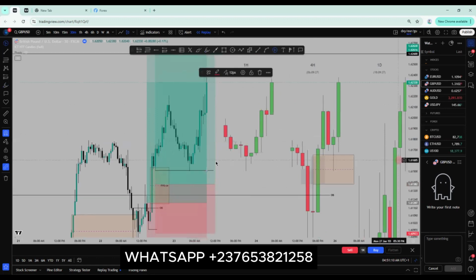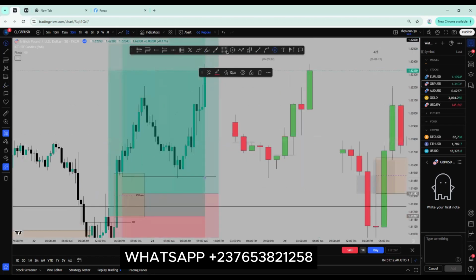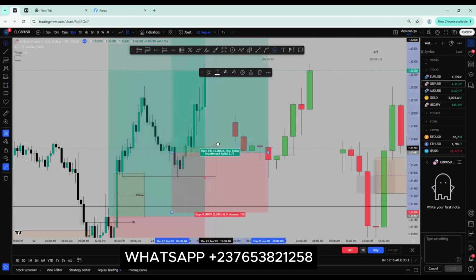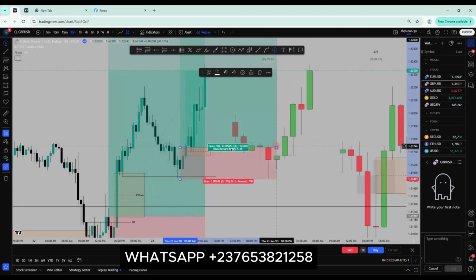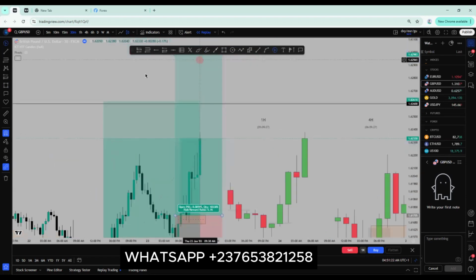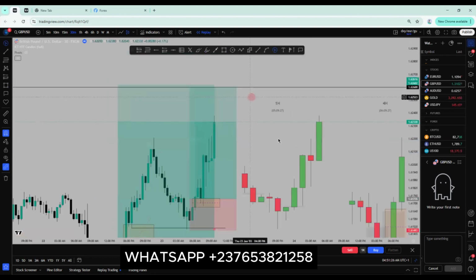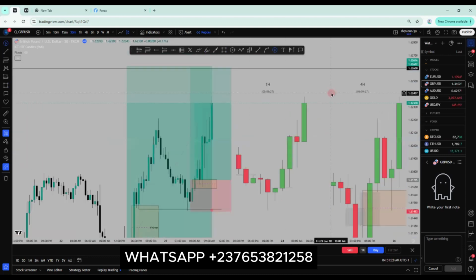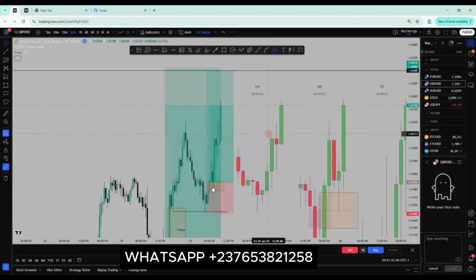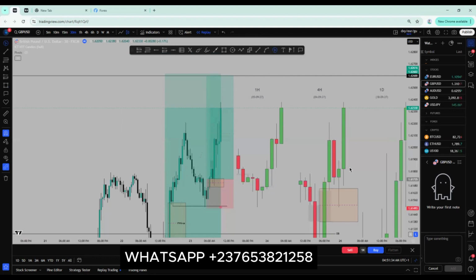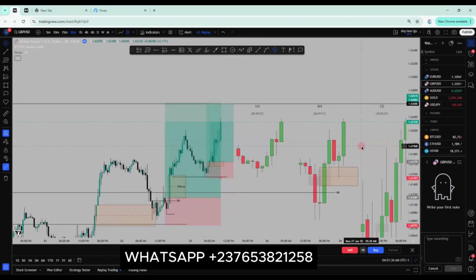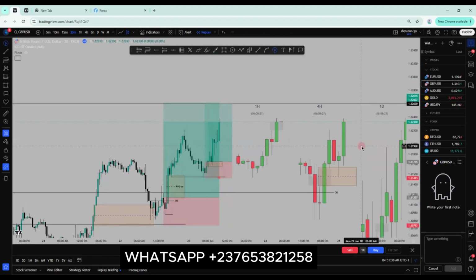After that total soap, we had our entry here on this displacement, but we have already seen this one play out, so we're not going to be taking the trade again, just for study purposes. This entry is as a result of what has happened on the 4 hour.